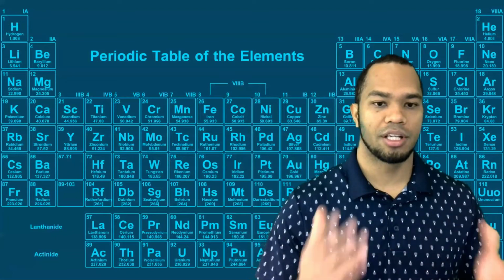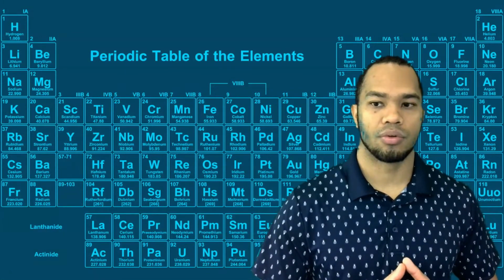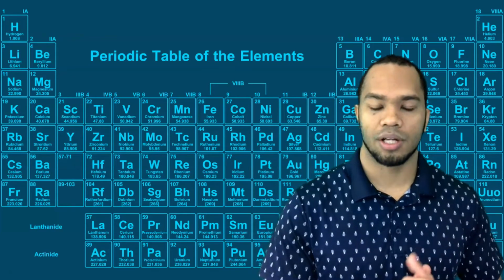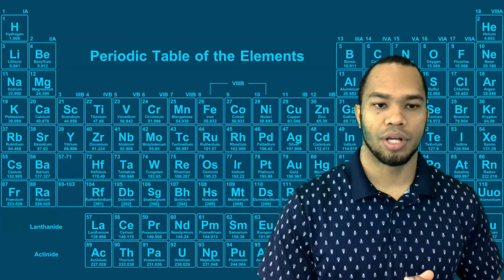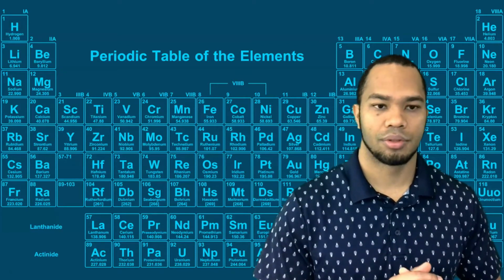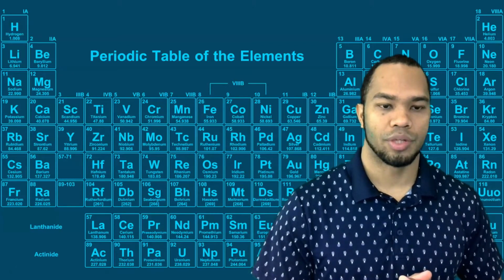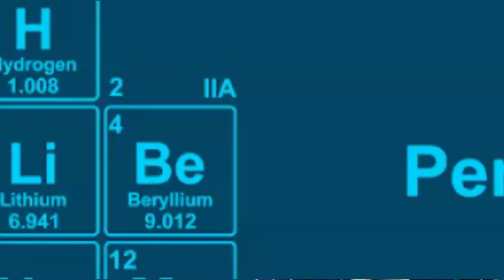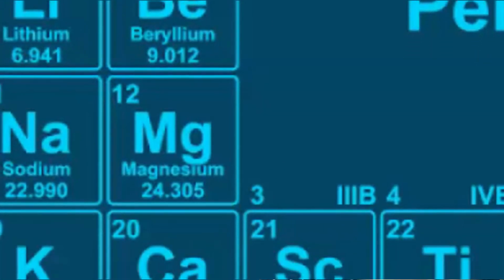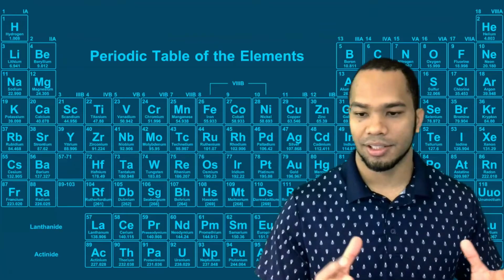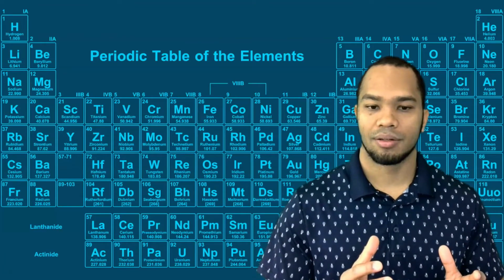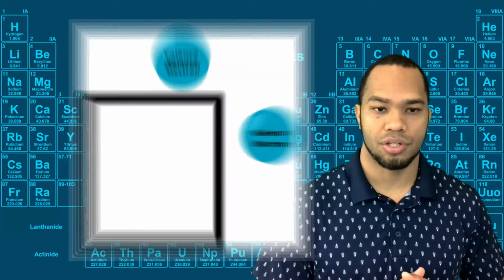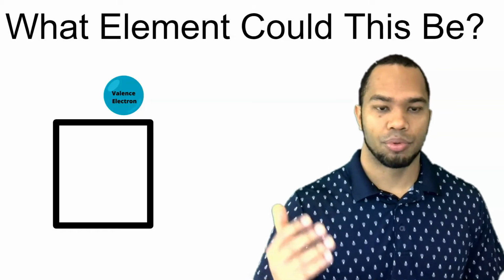And we take a look here, and we need to remember that the valence electrons are located by the groups. So we look at group 2, and any of these elements, beryllium, magnesium, calcium, strontium, can be the element that is represented by that Lewis dot structure.